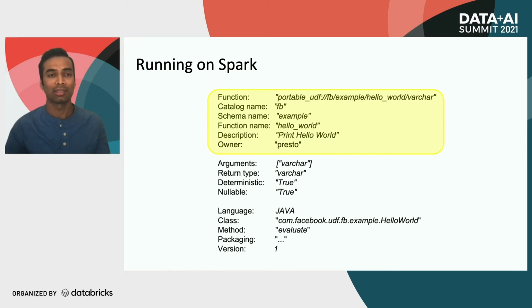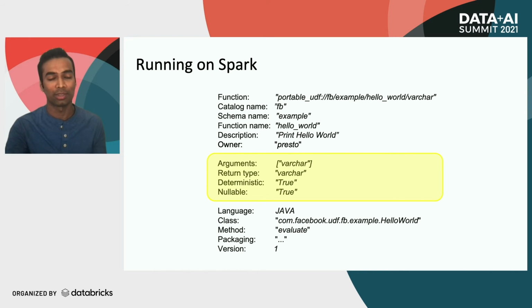So this is an example of what metadata we'll get. I know that Rongrong had already covered this in her slides. The first set of metadata that Spark gets is some basic information about the function: the function name, the description, and who the owner is. The other set of metadata that we care about is the function resolution metadata, which Spark needs for query planning.